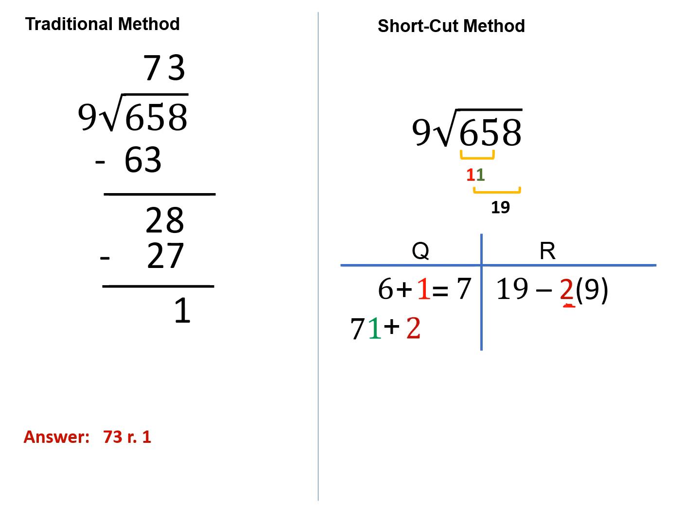So 71 plus 2 is equal to 73. 73 is the quotient. What about the remainder? We will subtract 18 from 19 because 2 times 9 is equal to 18. So 19 minus 18 is equal to 1. 73 is the quotient with a remainder of 1.